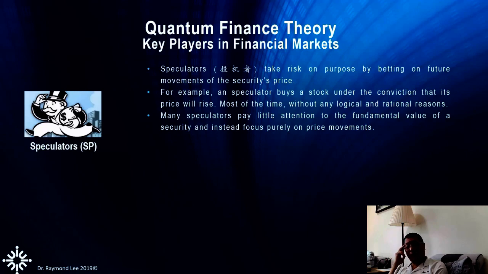So one characteristic of the speculator is that they are risk taking. Secondly, they try to bet instead of invest on the future movement. And most of the time they go in the opposite direction, which means when the trend is going down, they think it will rebound, against the market. Not 100%, but more than 90% of the time, I would say.